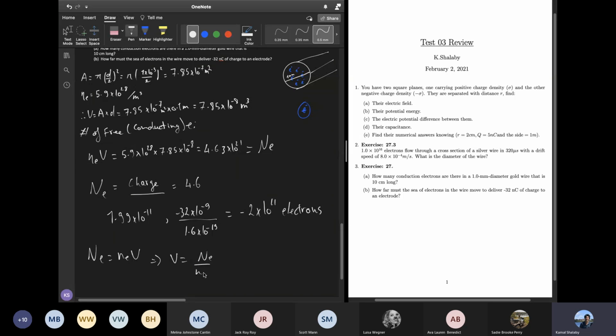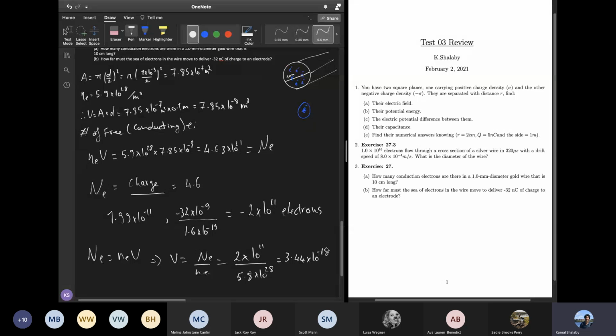That will be 2 times 10 to the power of negative 11, I moved the negative since they're electrons and already have a negative charge, over 5.8 times 10 to the power of 28. That will equal 3.44 times 10 to the power of negative 18. Okay, and that will be our volume.